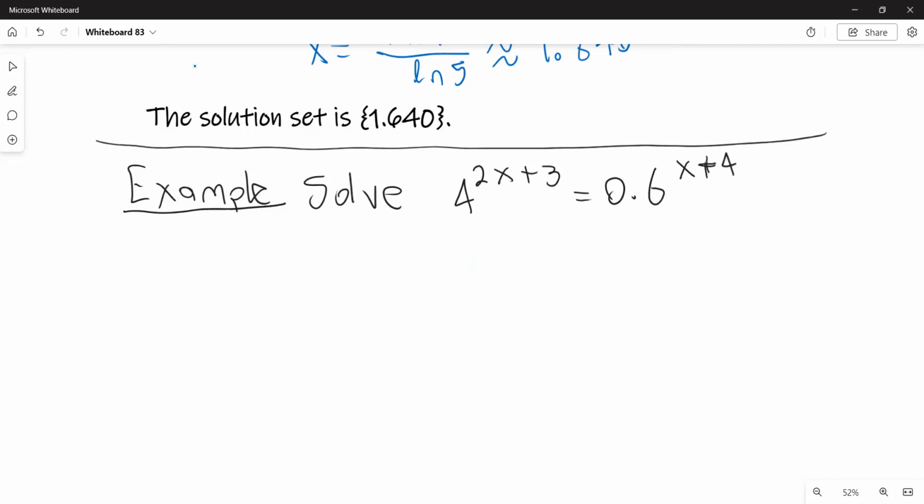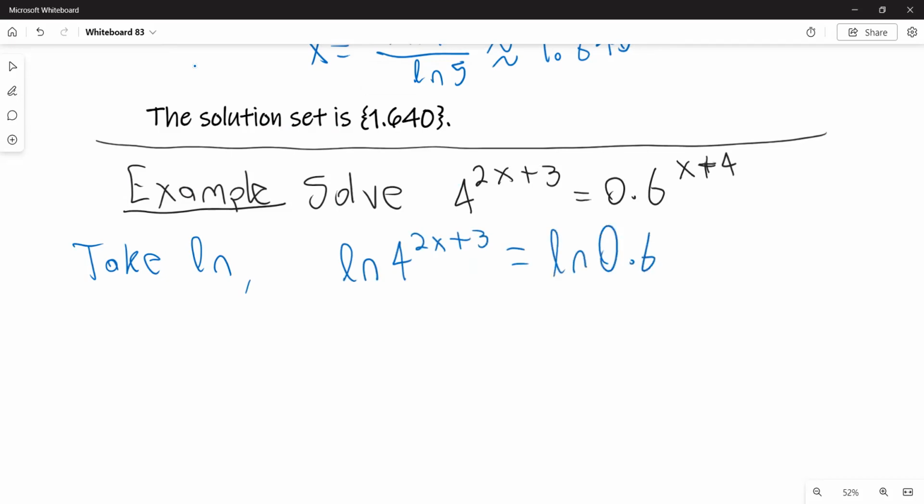Instead, we can take the natural logarithm on both sides, using the fact that the natural logarithm is a one-to-one function. So the natural logarithm of 4 to the 2x plus 3 equals the natural logarithm of 0.6 to the x plus 4. So bring down the exponents.